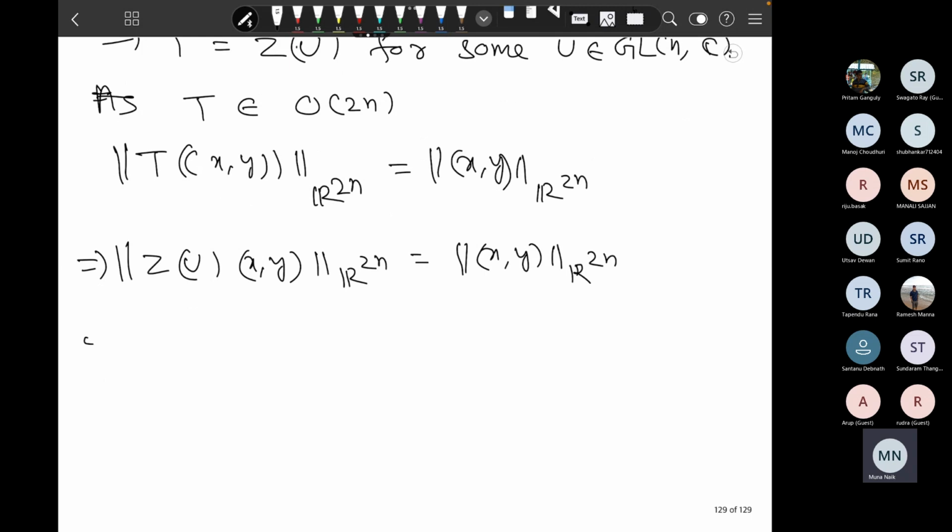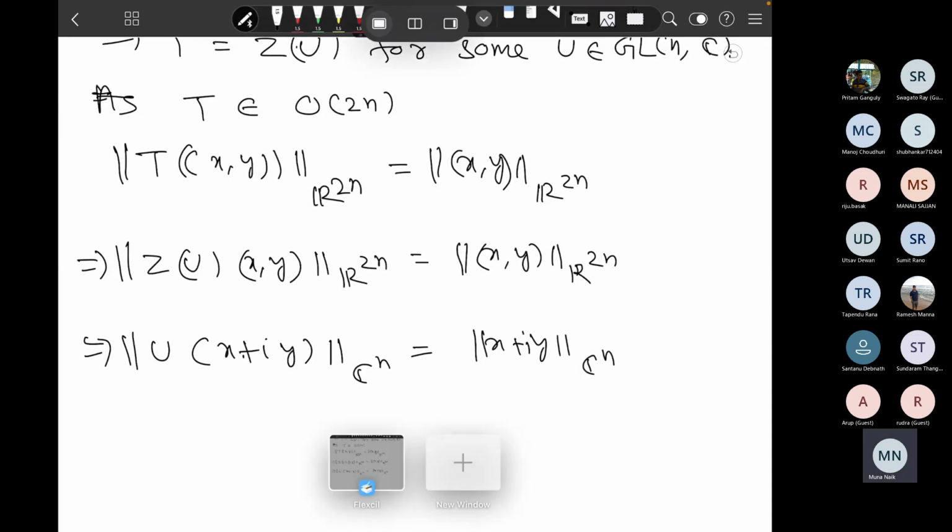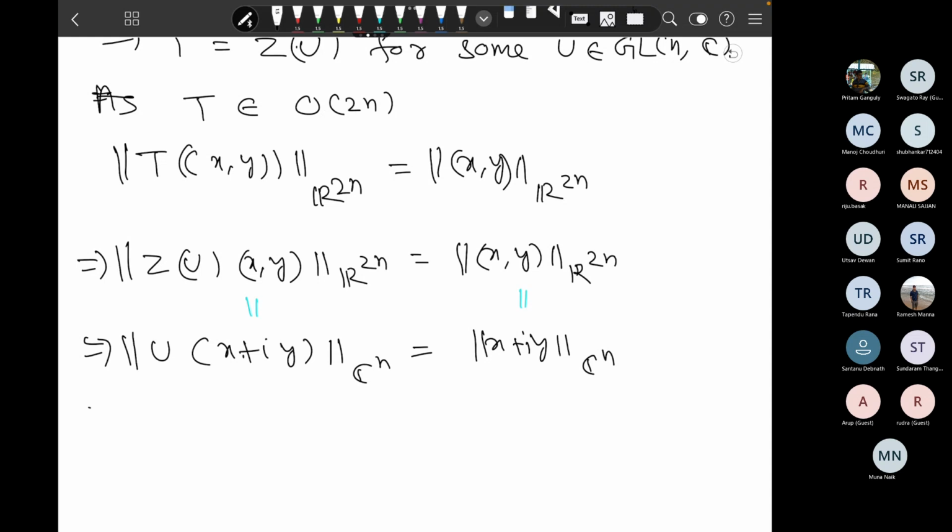Now you really use the fact that the norm of Z(U)(x, y) is equal to the norm of U on C^n. Use this relation; I think you have seen that. This implies U belongs to U(n).